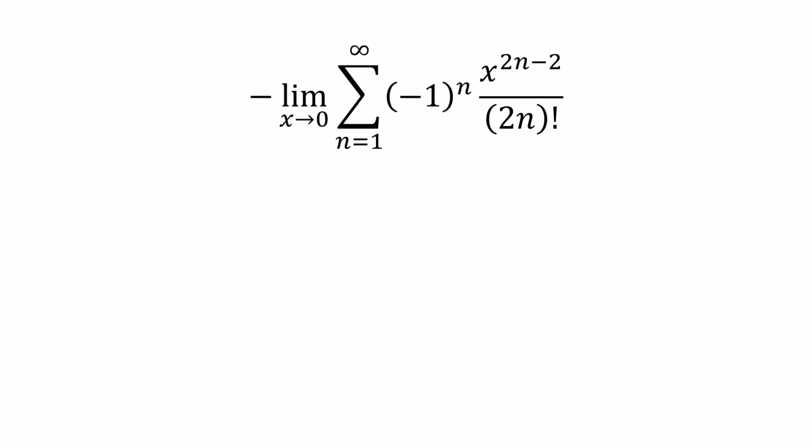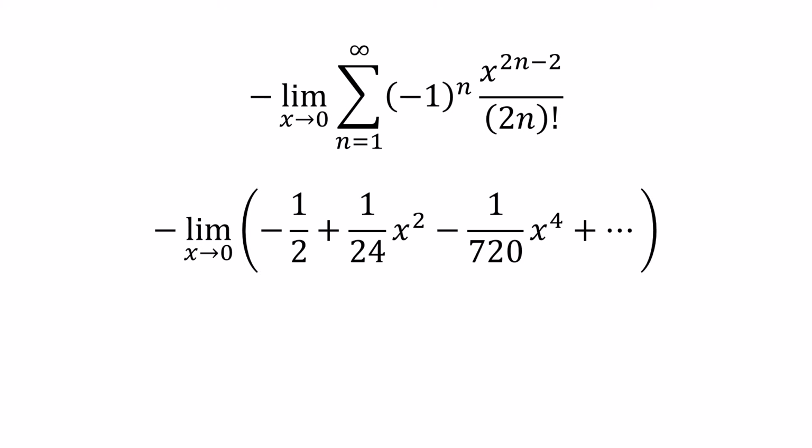Expanding the series gives negative limit as x approaches 0 of minus 1/2 plus 1 over 24 x squared minus 1 over 720 x to the 4th plus ... Taking the limit then gives minus negative 1/2.